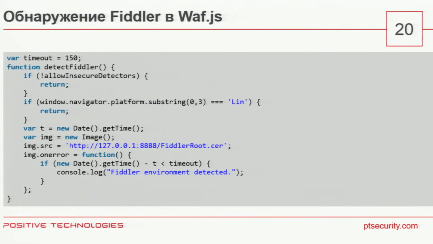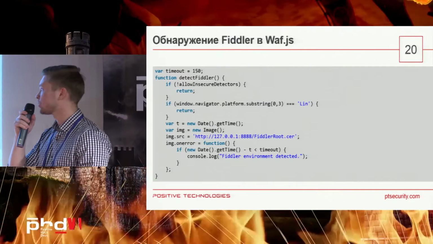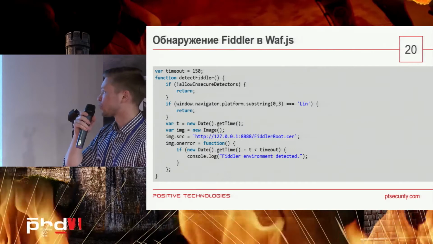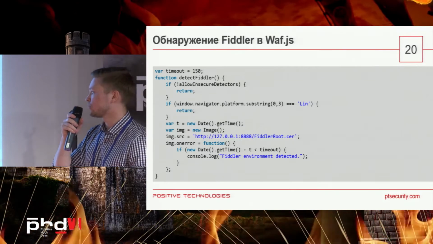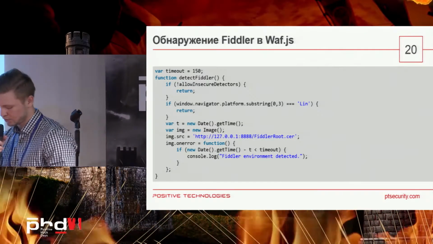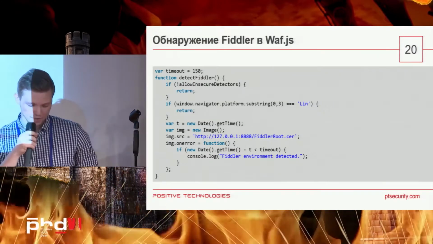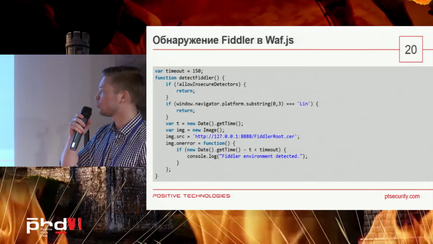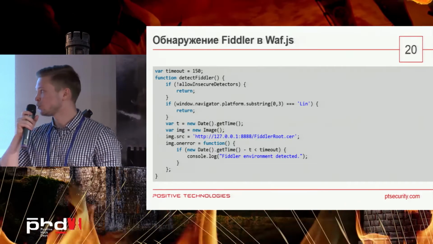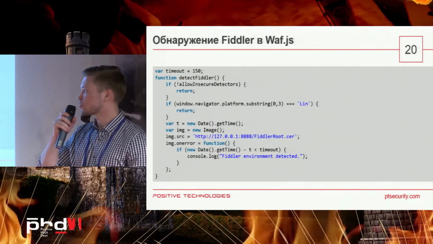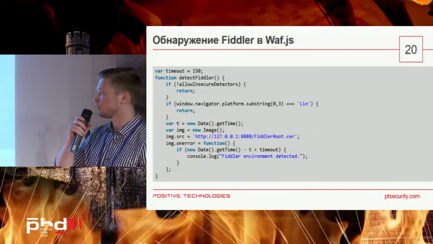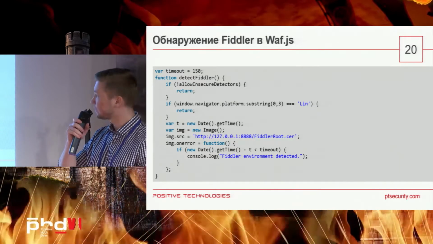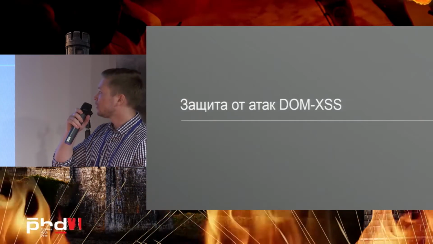Similarly, we detect Fiddler. The only difference is that it does not have an icon, but there is a certificate on the 4.8 port. We can detect this file based on time delay. If the port is closed, the delay will be bigger. Should it be open, the detection will be instantaneous.